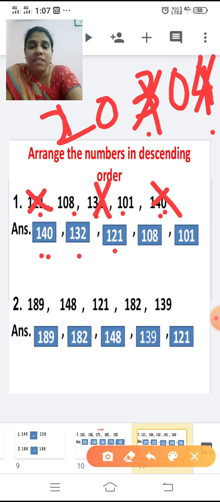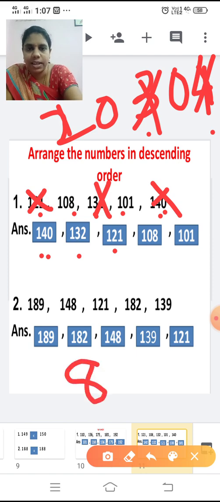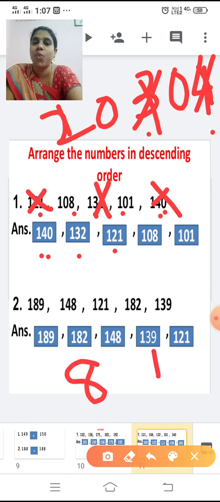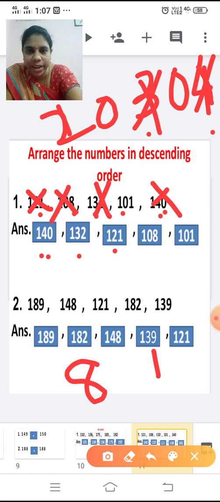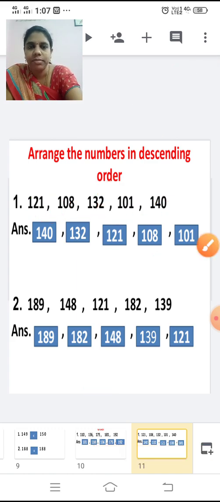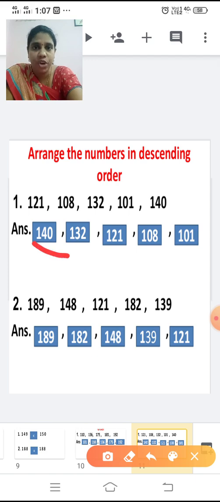In the second number we have 8 in the ones place, and the fourth number we have 1 in the ones place. Now tell me which is bigger? 8. So 108 is bigger. So write 108. Then at last 101. One more time. 140, 132, 121, 108, 101.